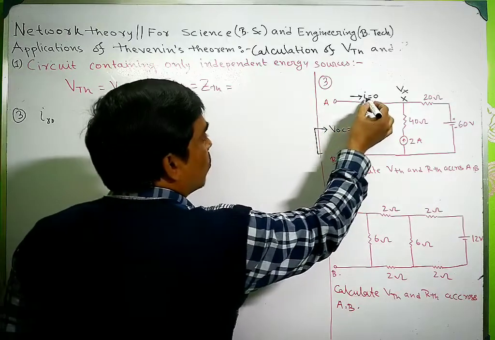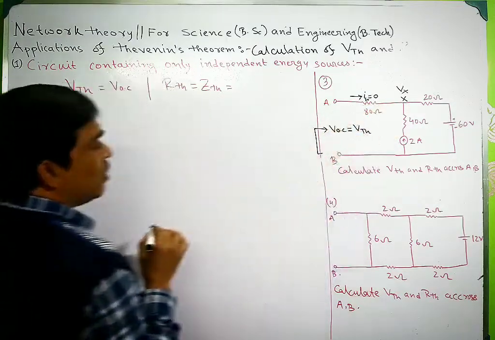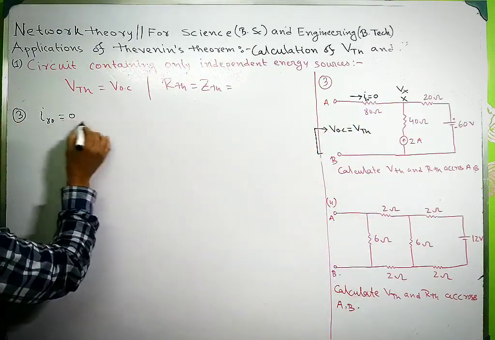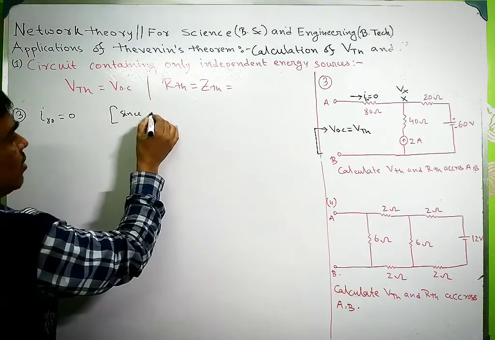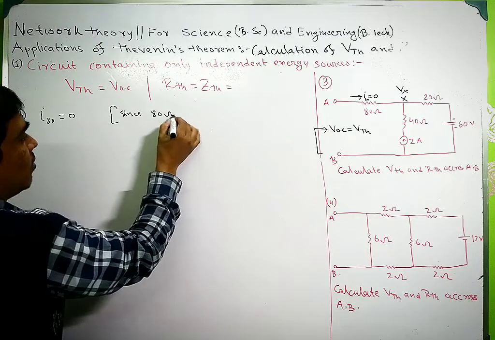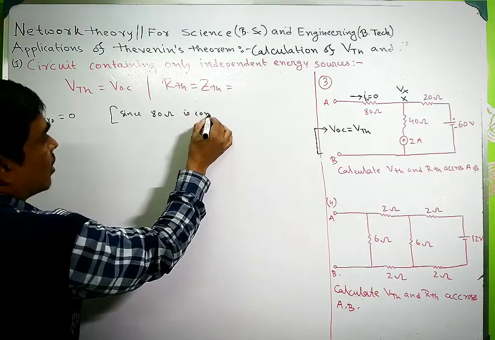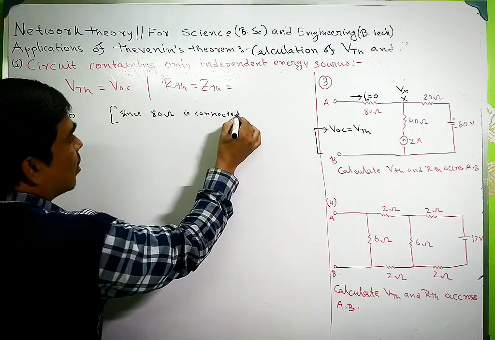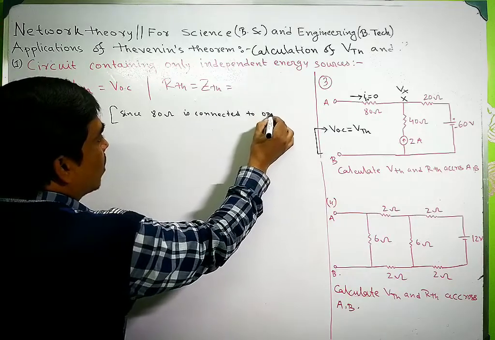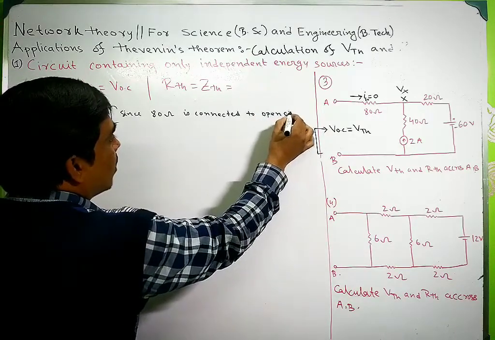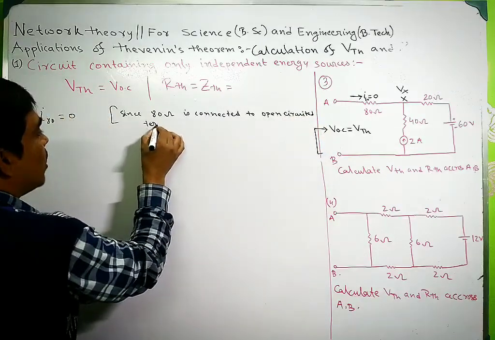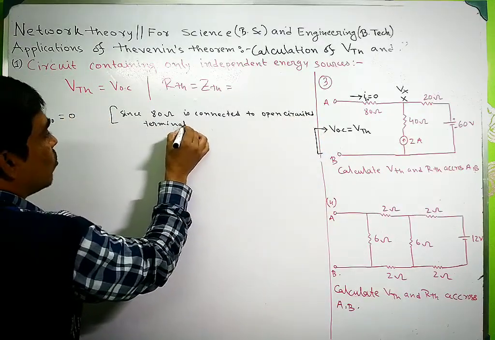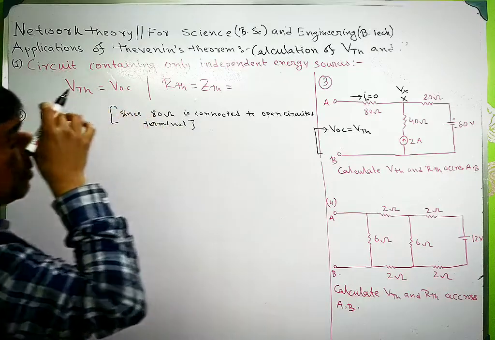Since this 80 ohm resistance is connected to the open circuited terminal, the current through this resistance, I80, is 0.